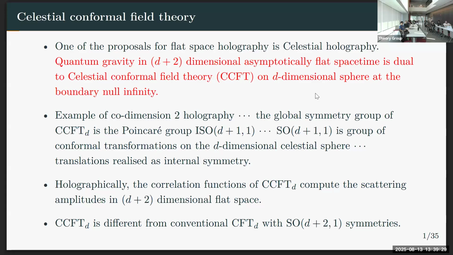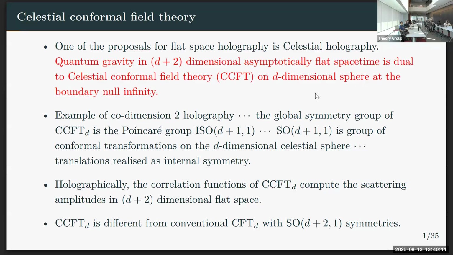If you go by the logic of holography in the usual AdS-CFT case, this states that quantum gravity in (d+2)-dimensional asymptotically flat space-time is dual to a celestial conformal field theory, which is present on a d-dimensional sphere at the boundary null infinity. Your boundary null infinity is (d+1)-dimensional, and at the end of it there is a d-dimensional sphere, and your celestial CFT lives on this sphere. The name celestial CFT comes because we consider this as a celestial sphere. Right. So it is an example of codimension 2 holography.